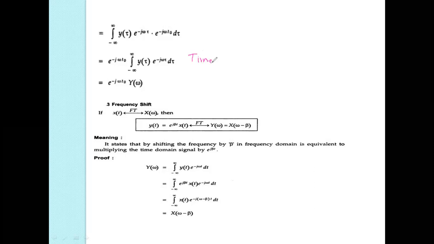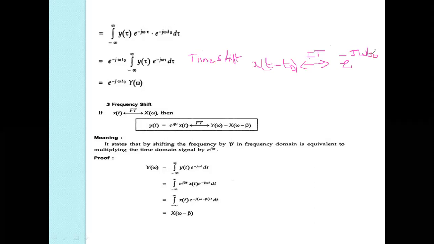Now I will write the two equations. The time shift property: time shift says that for x of t minus t naught, what is the Fourier transformation here? E power minus j omega into t naught, so the samples are shifted, x of omega.